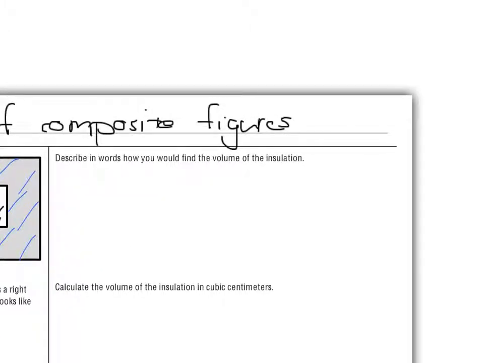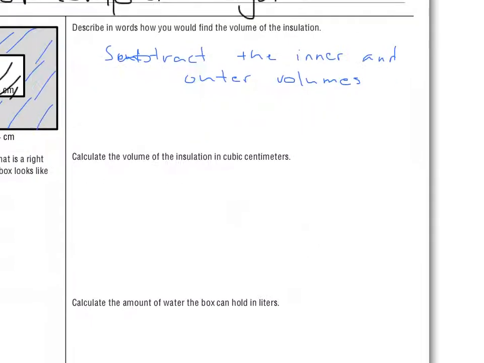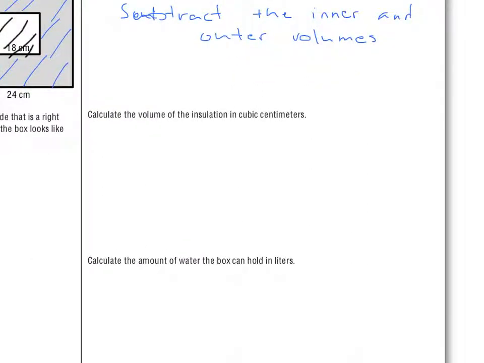So what your team and you should have discussed and written down is that you would subtract the inner and outer volumes. All right, so go ahead and calculate the volume of the insulation, that shaded area, on your own.